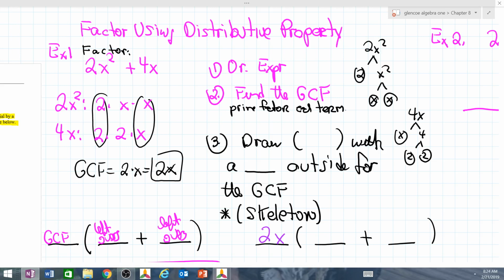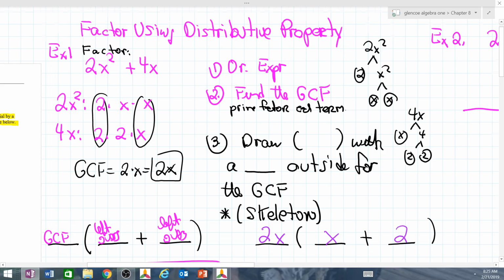All right, so the leftovers from the first term, which is 2x squared, go on the first shelf of the refrigerator. I know that's really pushing it, but I'm trying to give you something to help you remember. Then I go to the second term. The leftovers, which were not included in my GCF, from the second term go on the second shelf.